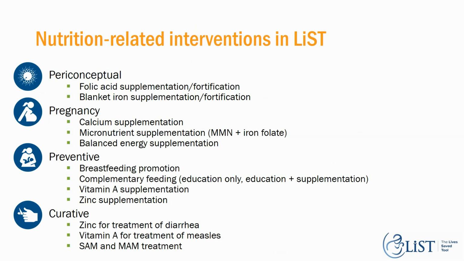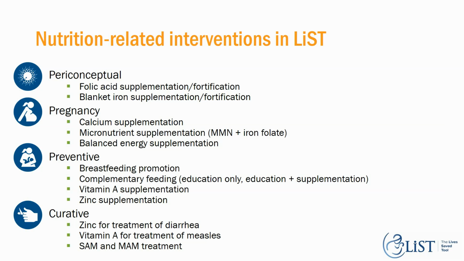And just so that you have an idea of what's actually in LiST right now, we have some peri-conceptual interventions. So those are the folic acid supplementation and fortification and blanket iron supplementation and fortification. We have some interventions delivered during pregnancy, such as calcium supplementation, micronutrient supplementation, either multiple micronutrient or just folic acid, iron as well.